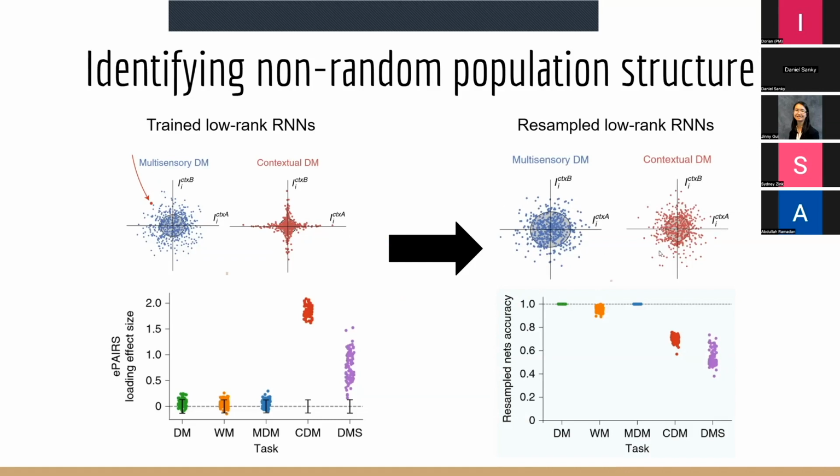But for the contextual decision-making task, we seem to have lost some of the structure that we originally saw in the trained network. And if we look at the accuracy of the network for the tasks at hand, the MDM task has 100% accuracy. It works perfectly. But for the CDM task, it's only hitting 75% of the trained accuracy, which suggests that we've lost something after resampling.